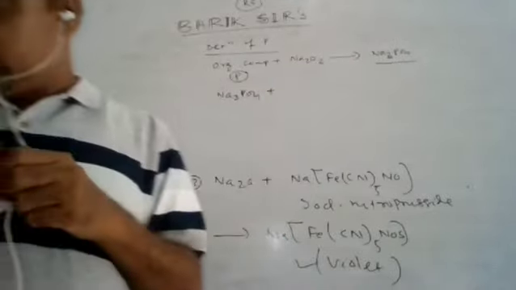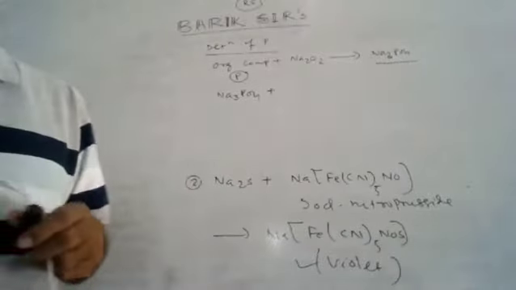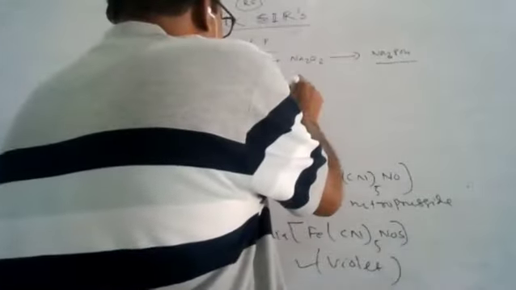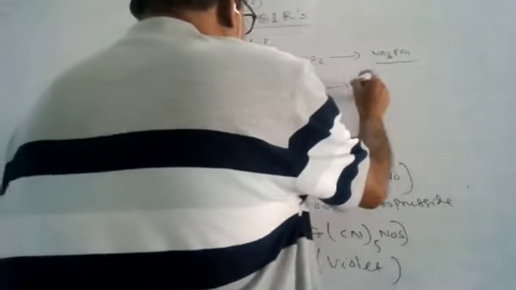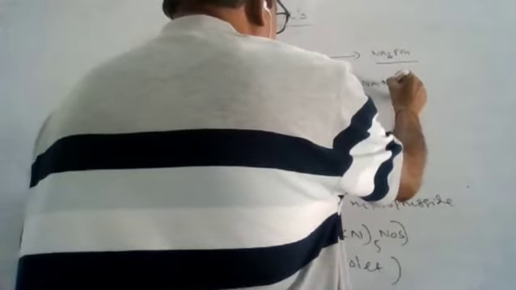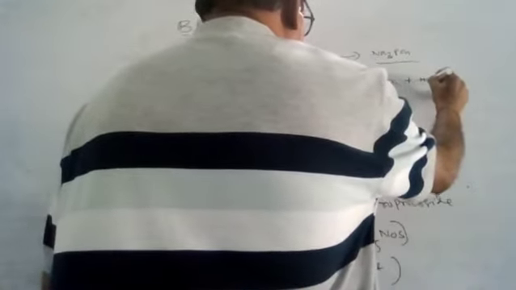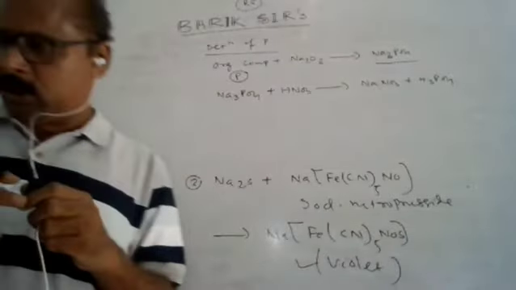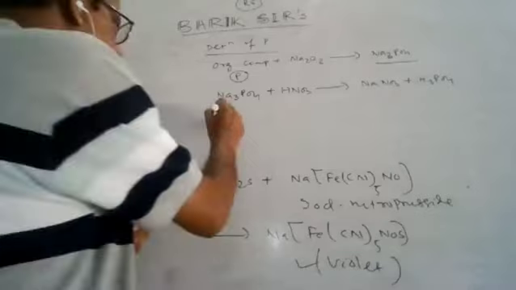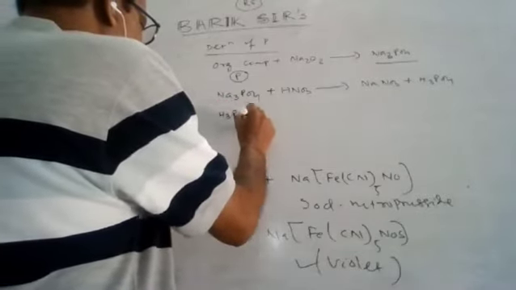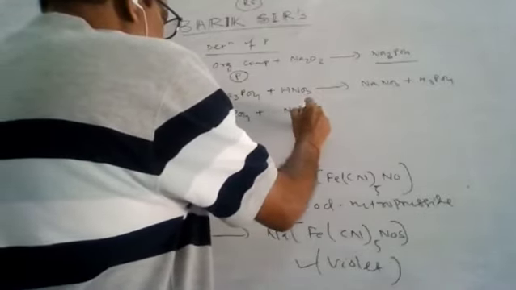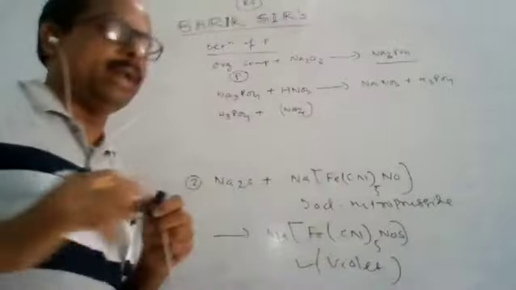This sodium phosphate is first heated with nitric acid, so it is converted to sodium nitrate plus phosphoric acid. And the phosphoric acid, H3PO4, is heated with ammonium molybdate.